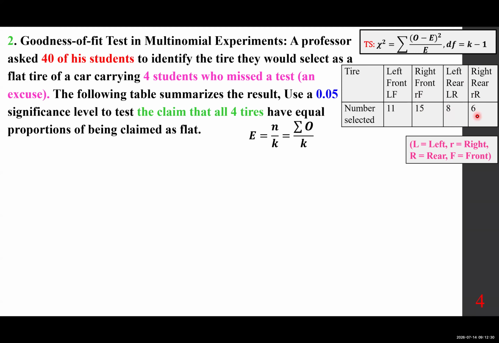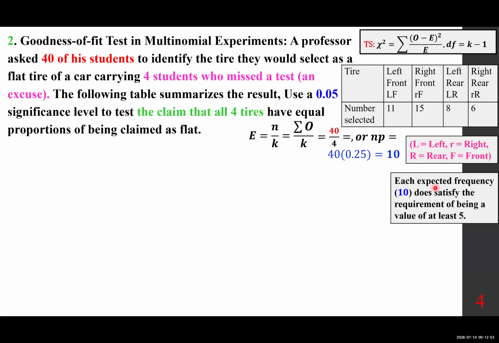E is N over K. There are 40 students, divided by 4, or N, in this case again, 40 students times P, the proportion, which would be 1/4 or 0.25. Either way, we should get 10. And so let's get started. Each expected frequency is 10, which does satisfy the requirement of being a value of at least 5.